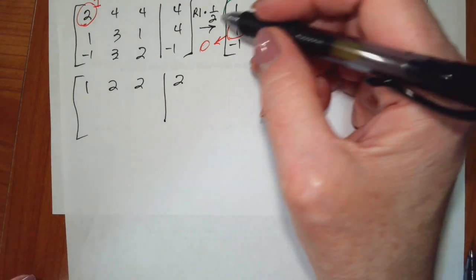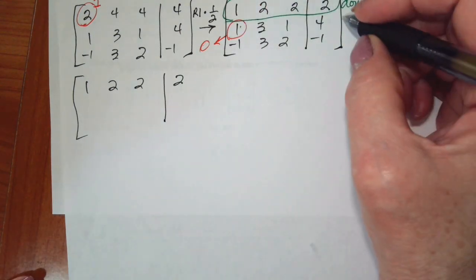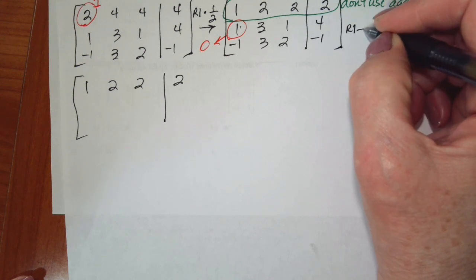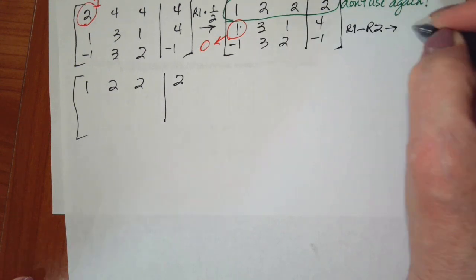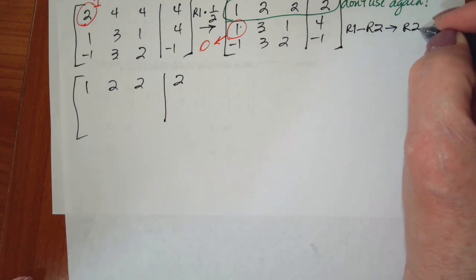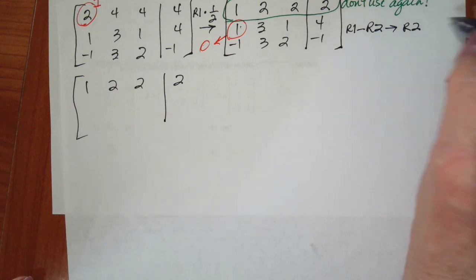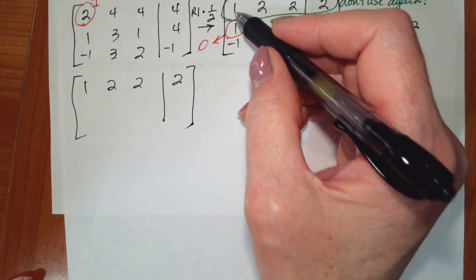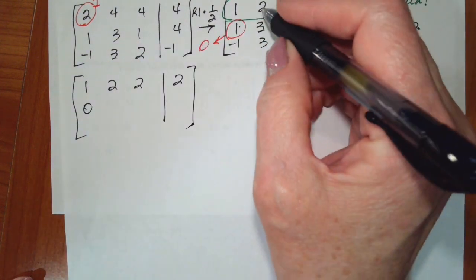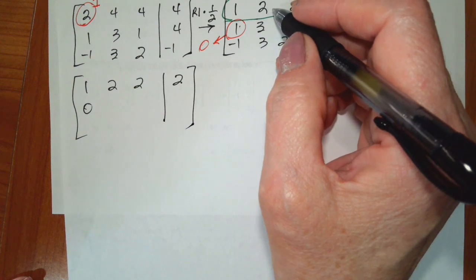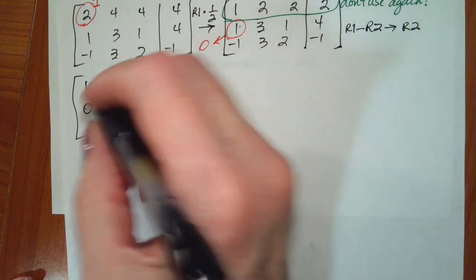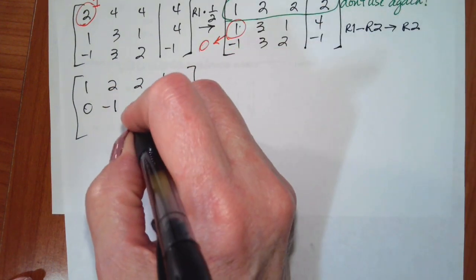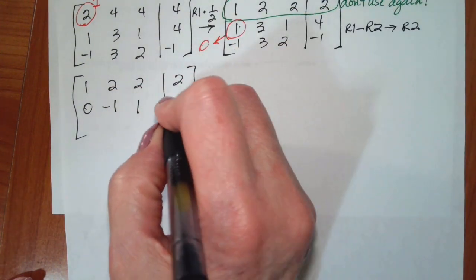I'm going to subtract. So I am going to take R1 minus R2 and put that into R2. So 1 minus 1 is 0, 2 minus 3 is negative 1, 2 minus 1 is 1, and 2 minus 4 is negative 2.